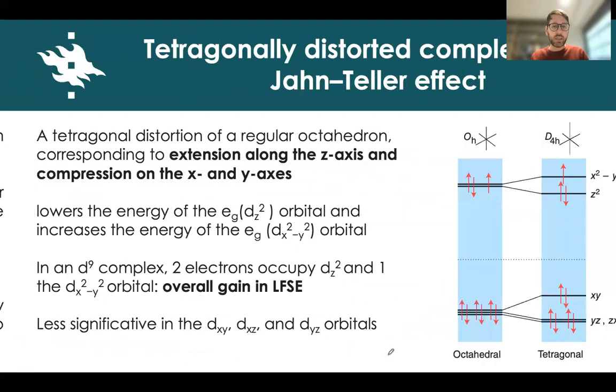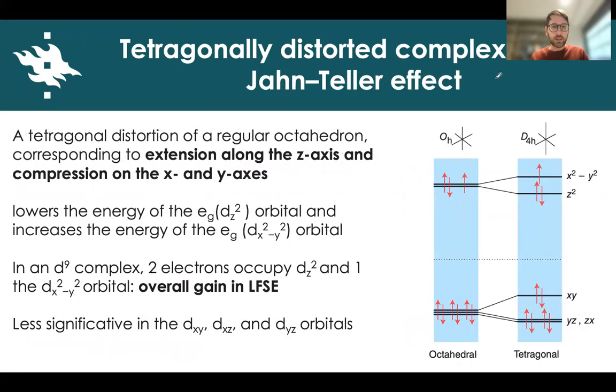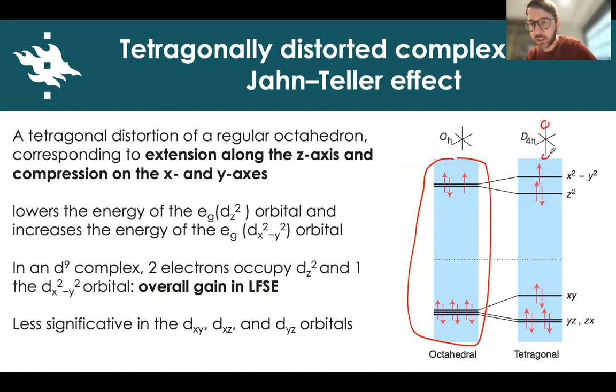So this means that if we have a d9 configuration in a perfect octahedral geometry, if there is a distortion such as the elongation along z, the degeneracy of these two orbitals is broken, and the degeneracy of these three orbitals is also broken, in which orbitals positioned along z will be stabilized. So for these orbitals, instead of having the 3 electrons occupying the same energy level, we will have this kind of configuration.